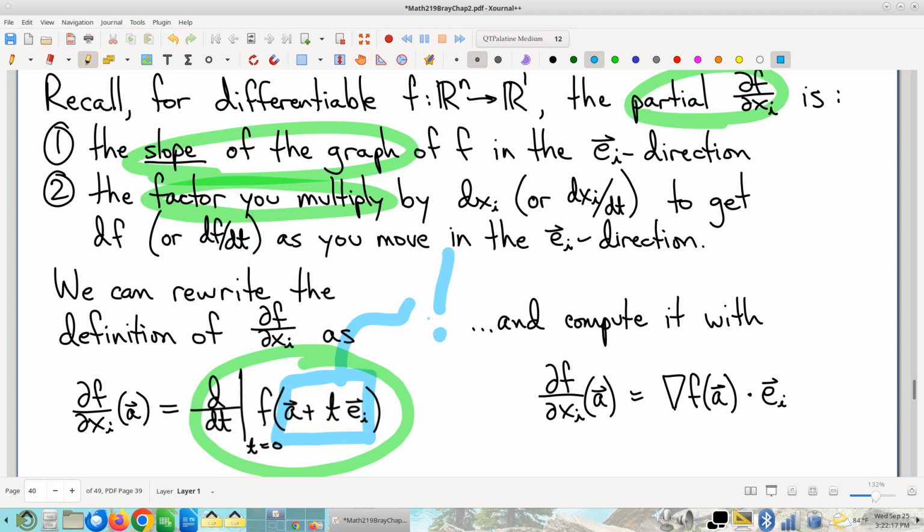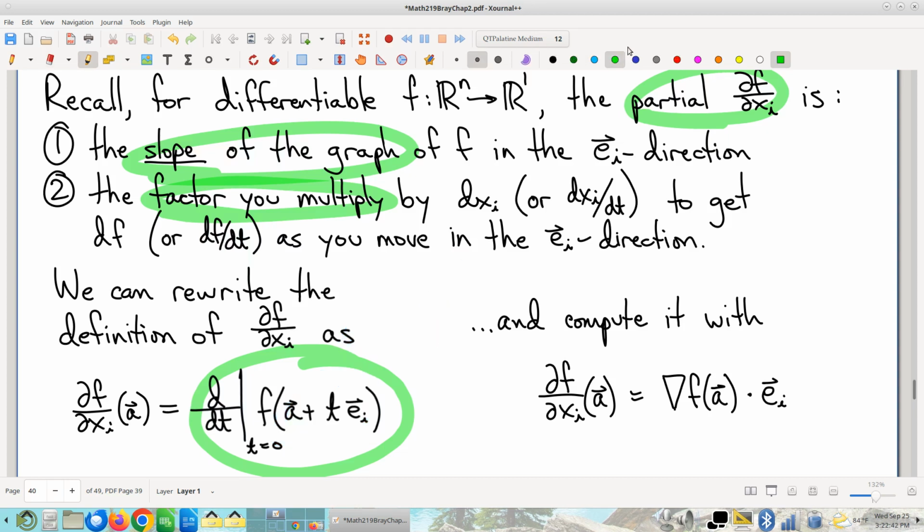There's a 1 in the ith position on the standard basis vector, so the ith input to f is changing. All the rest are staying constant. This is basically what our definition of partial derivative was, just written as a formula instead of as an algorithm. So again, good exercise to think through.